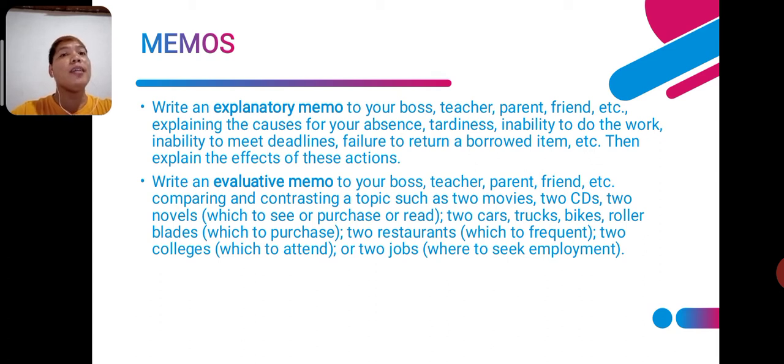You can write explanatory memo. That's one. Number two, we have this what we call evaluative memo. Write an evaluative memo to your boss, teacher, parent, friend, etc., comparing and contrasting a topic such as two movies, two CDs, two novels, which to see or purchase or read, two cars, trucks, bikes, rollerblades, two restaurants, two colleges, or two jobs.